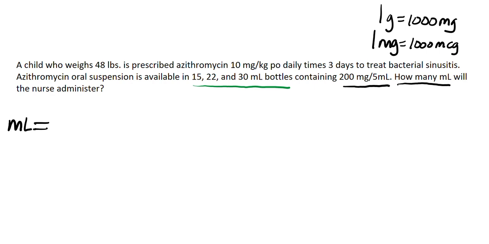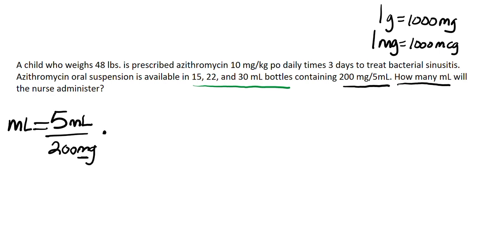We're looking for that dose, that concentration. So don't be thrown off by other numbers that they put in the problem. So we're going to plug in our 5 milliliters to 200 milligram.